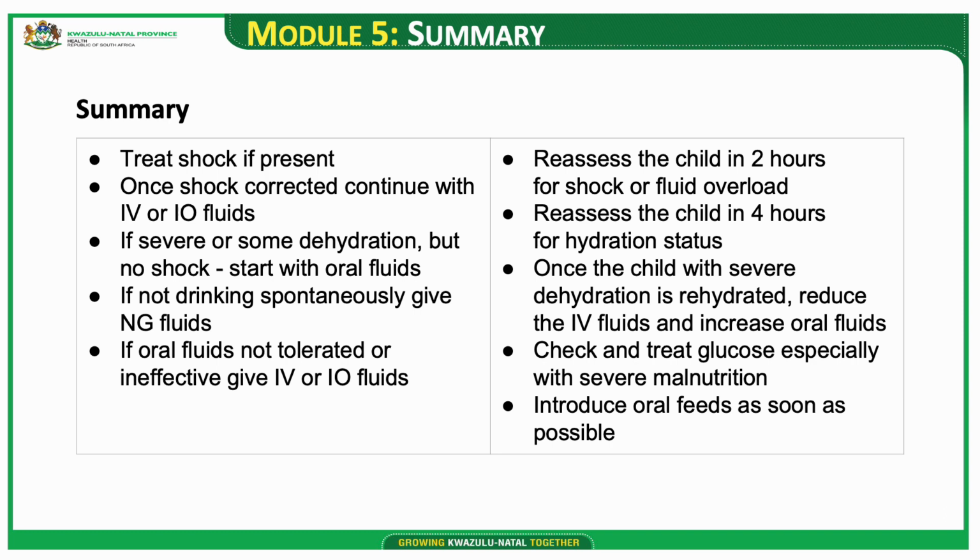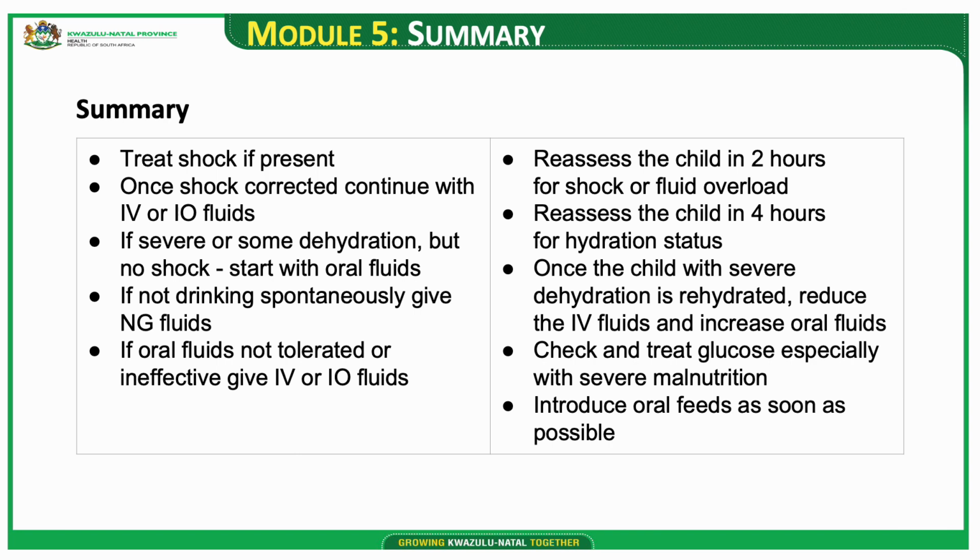If oral fluids or nasogastric fluids were not tolerated, then we would give IV or IO fluids. In all cases, we would reassess the child in 2 hours for shock or fluid overload and reassess in 4 hours for their hydration status. This would tell us whether we should increase or decrease the fluid.